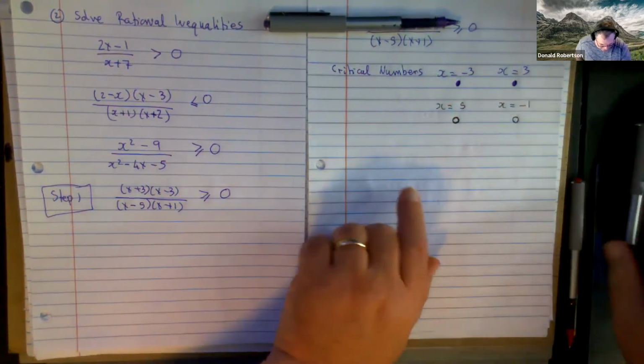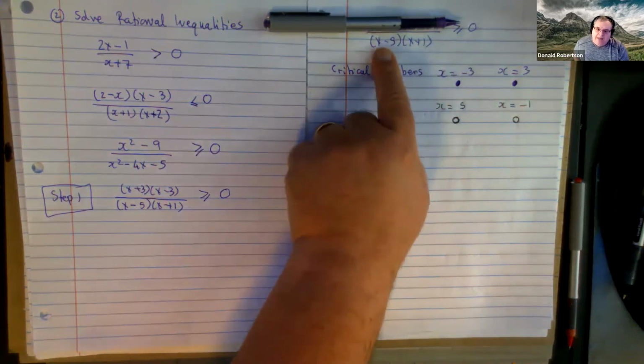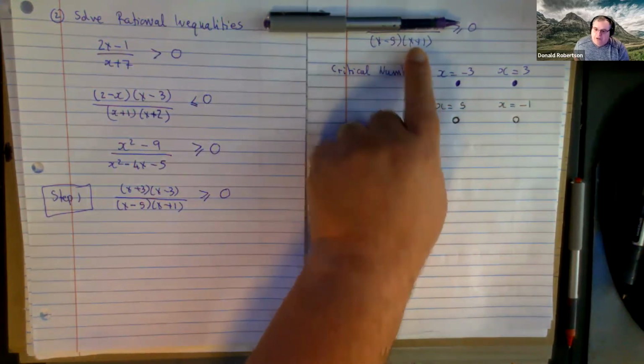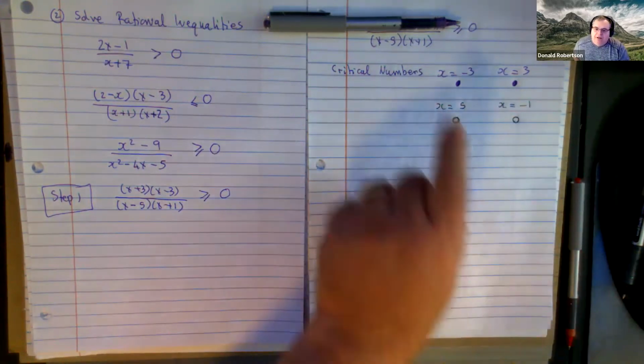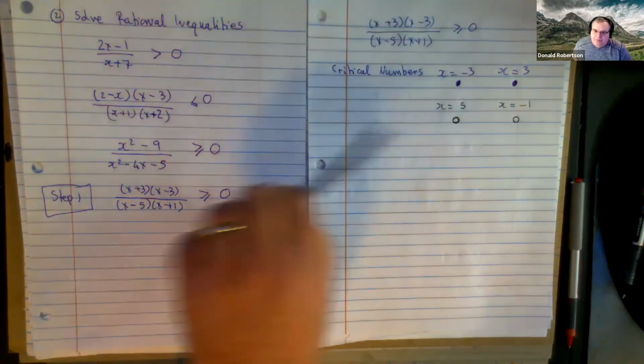So it doesn't matter whether that says greater than 0, greater than or equal to 0, less than 0, or less than or equal to 0. Any critical numbers that you get from the bottom, the denominator, are always unusable. You might say, well, why are they unusable? I can't put 5 into this fraction.